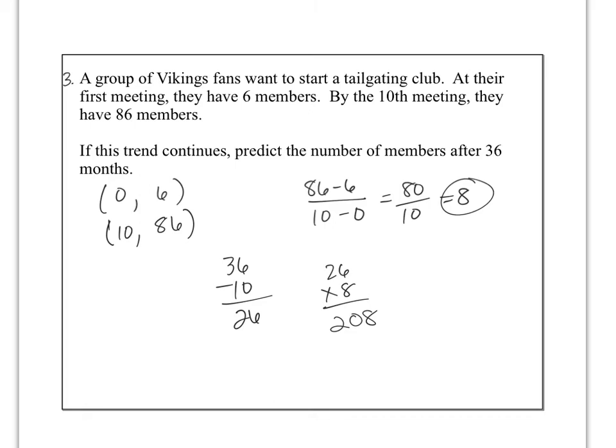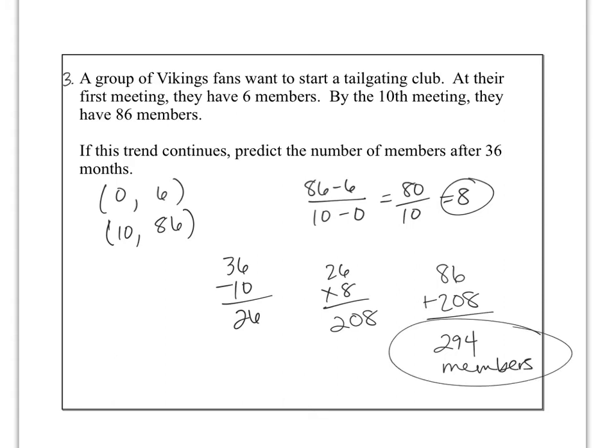So 86 plus the 208 more would put them at 294 members after 36 months. Again, the trick on this one that you want to pay close attention to is this 0. Notice we did not put a 1 there because 1 month hadn't passed. 0 time had passed.